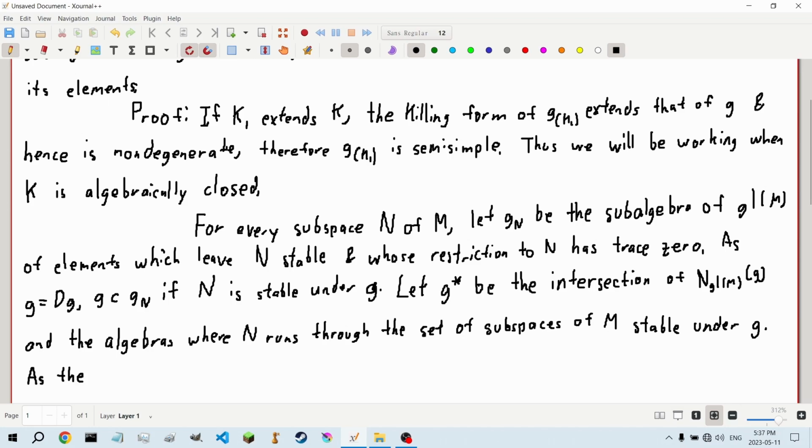And we're doing this with the semisimple and the nilpotent component.